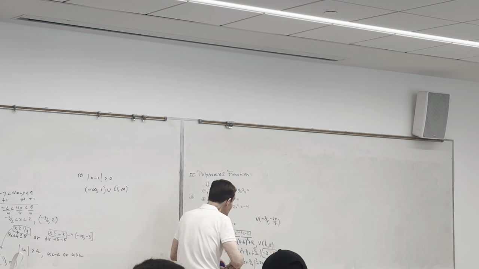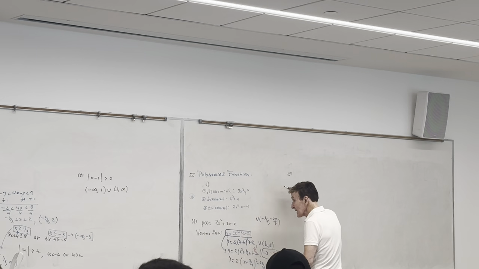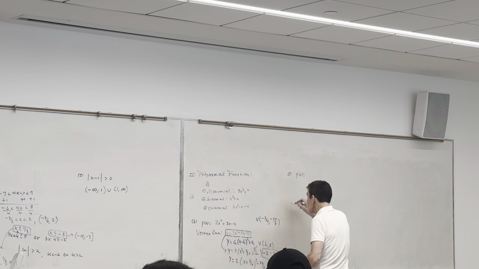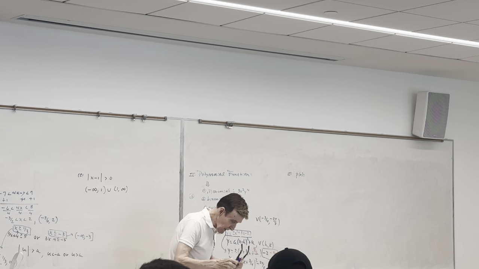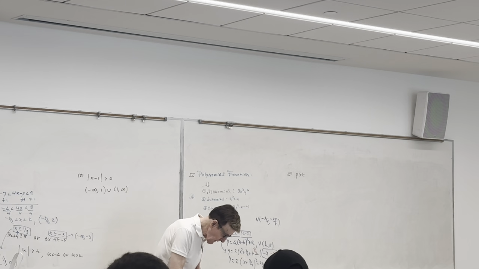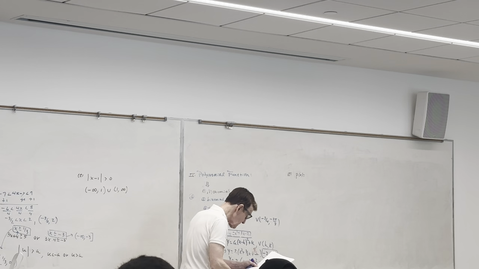Now, letter C. Now, I like to look at this. I'm going to call this P of x. Another polynomial function. And this one is not quadratic. If I get my planning correctly here. Okay, hang on. Oh, this one's huge.